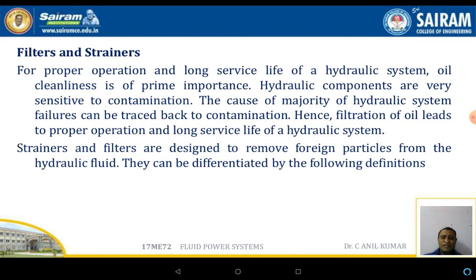Hence, filtration of the oil leads to proper operation, long service life, and also the efficiency of the hydraulic systems. Strainers and filters are designed to remove foreign particles from the hydraulic fluid. They can be differentiated by the following definitions.